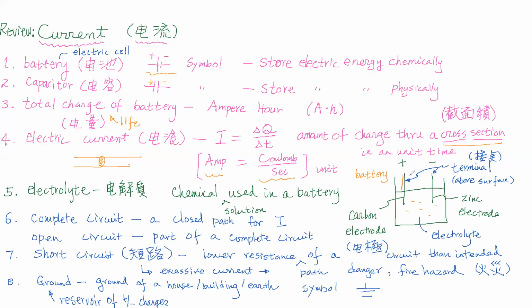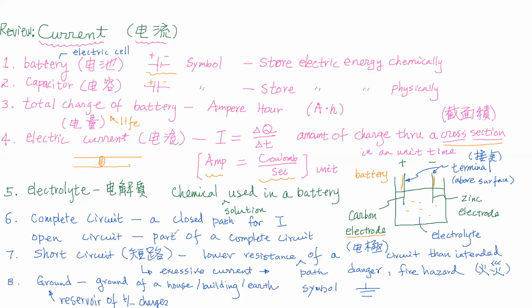This is the terminal, positive terminal, negative terminal. And electrode, 电极, is the whole thing. This side here is made of zinc electrode. So terminal and electrode, make a distinction there. Electrolyte is used there.